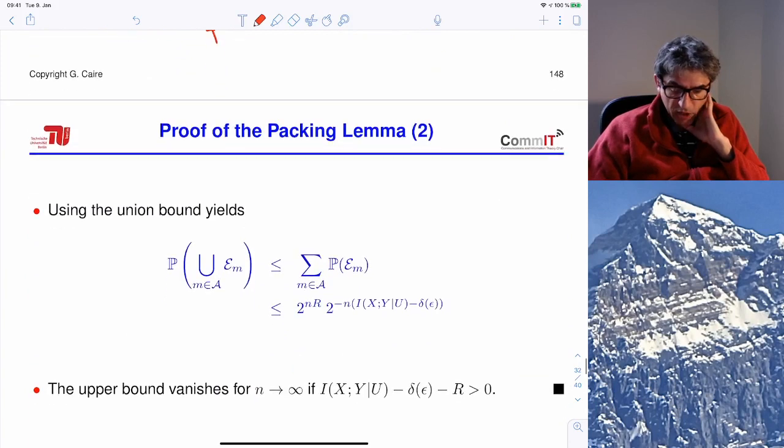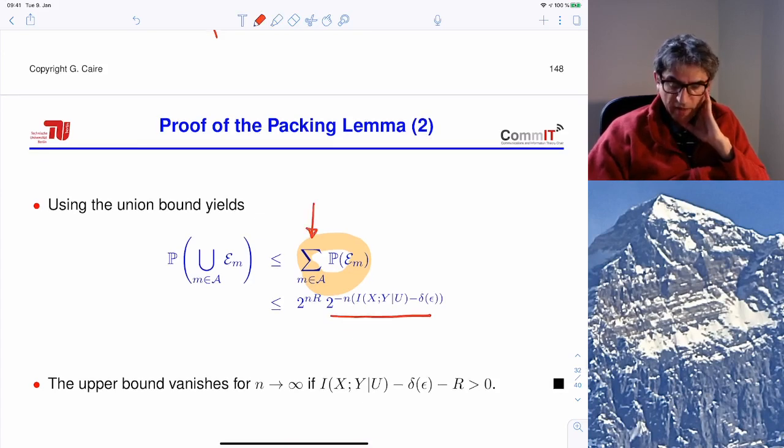At this point we just use the union bound. We want to bound the probability of the union over m of the E_m. This is less or equal than the sum of the probabilities. Each of these probabilities is upper bounded by this quantity, and how many terms do we have here? Well, the size of the set, which is upper bounded by 2 to the nR.